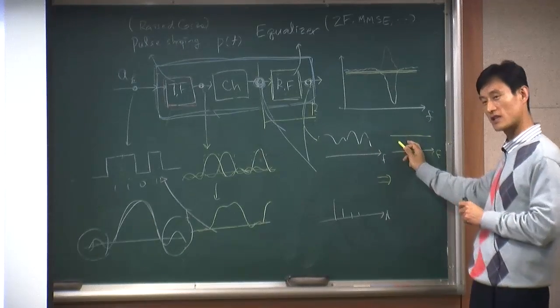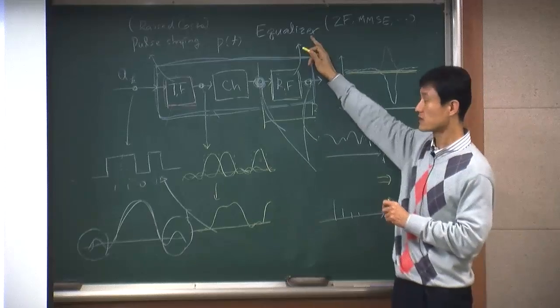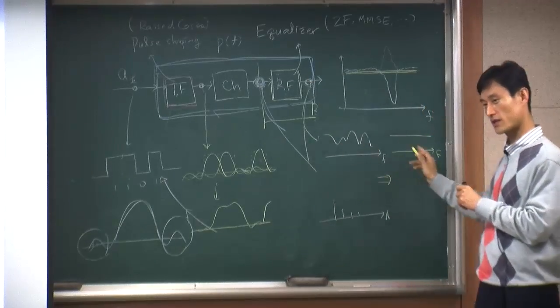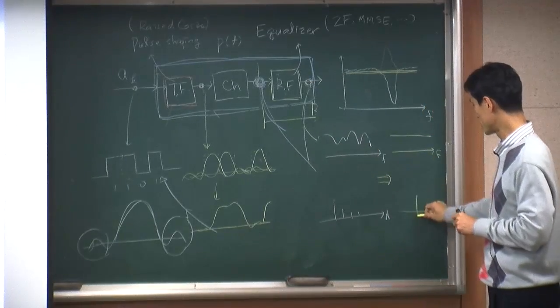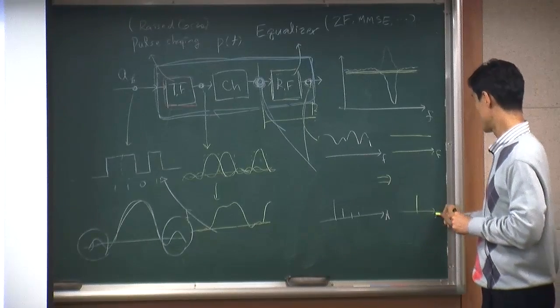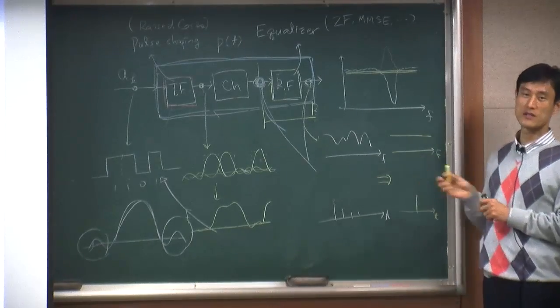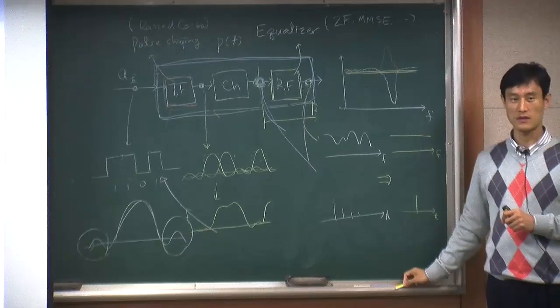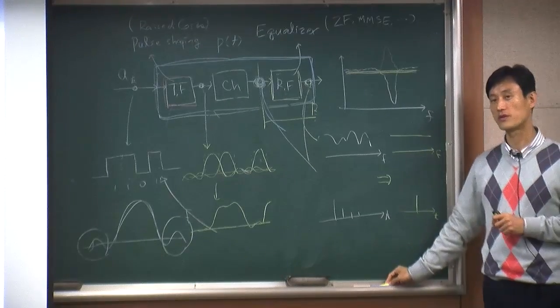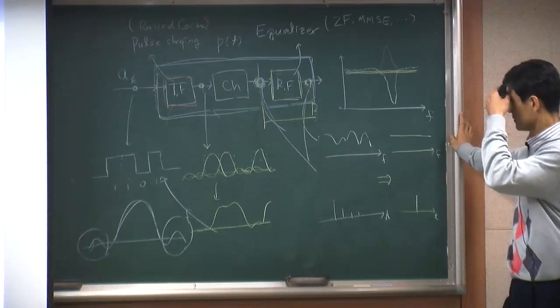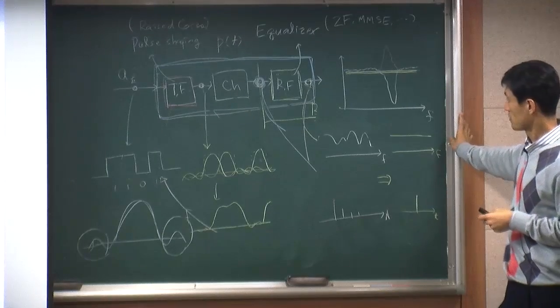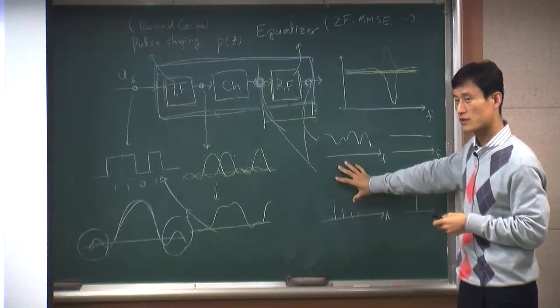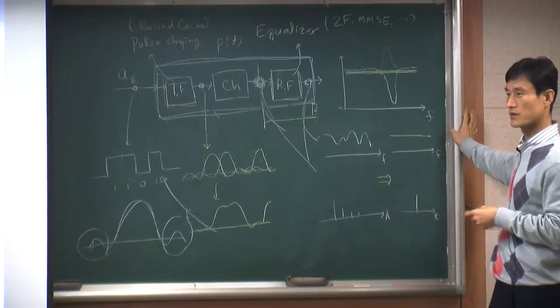That's why we make it equal, and that's why we call it an equalizer, right? And in the time domain, we want to make it this. That's the main goal of the equalizer: make this kind of input signal into this output.